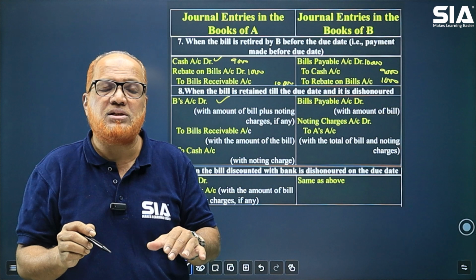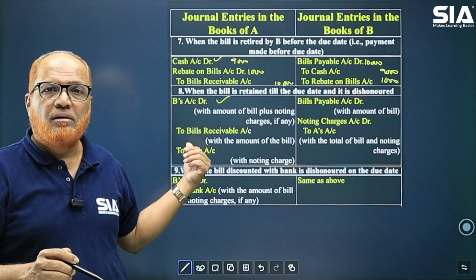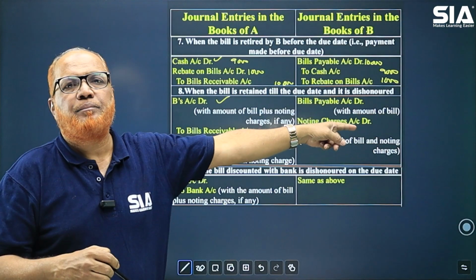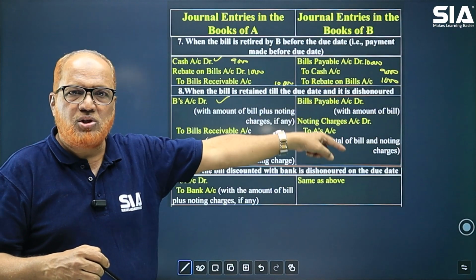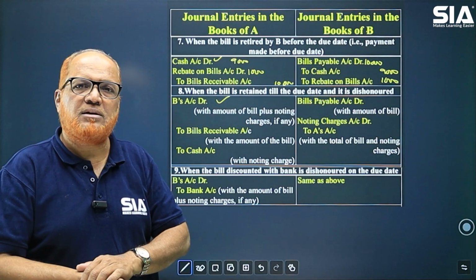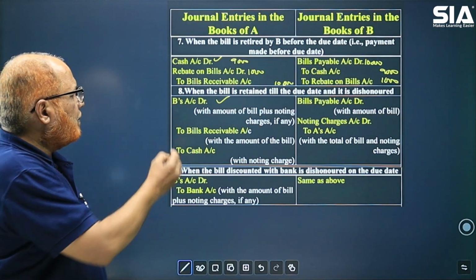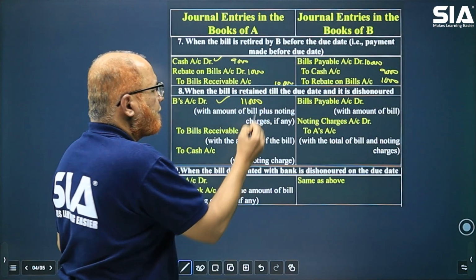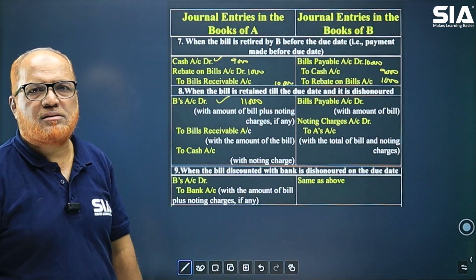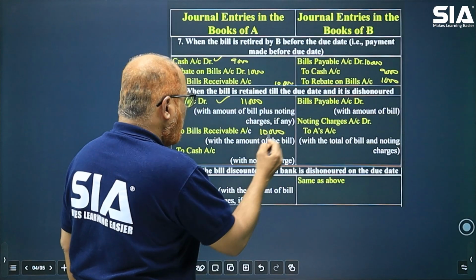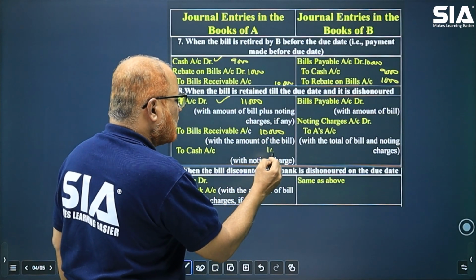Who paid these noting charges? A has paid. But this 1,000 will be collected from B, because on account of B dishonoring the bill, that 1,000 rupees of noting charges applied, right? So here the entry will be B's account debit 11,000, including noting charges, to bills receivable 10,000, and to cash 1,000.